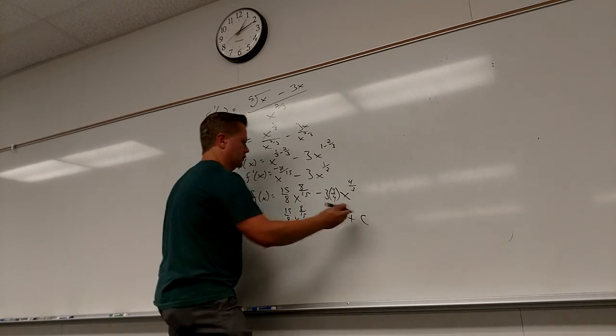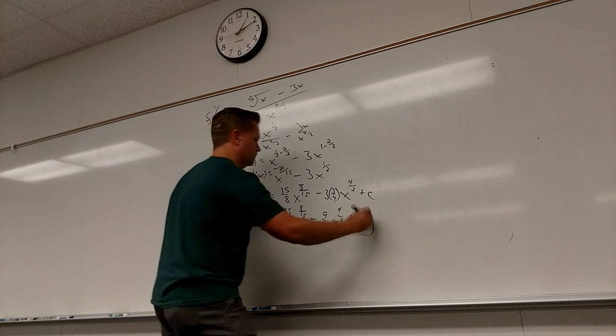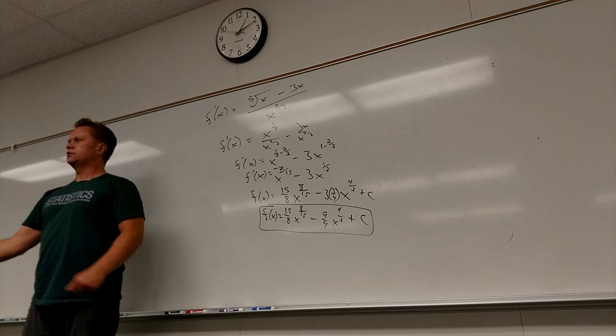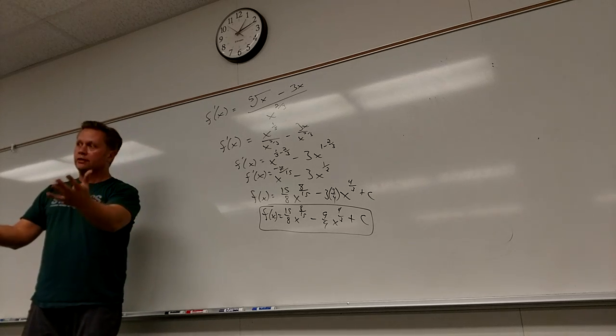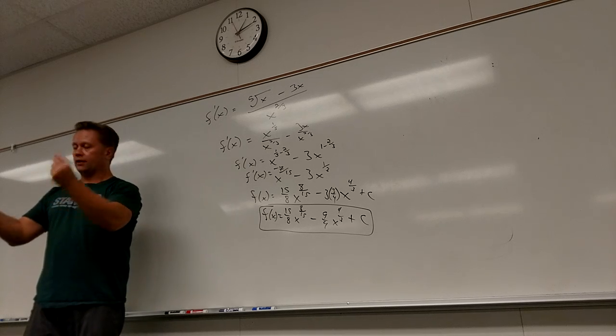So let's make our first little rule real quick. Our first anti-differentiation rule is directly related to our first derivative rule, which was the power rule, the easiest one. When I give you polynomials for derivatives, you're like, thank God.